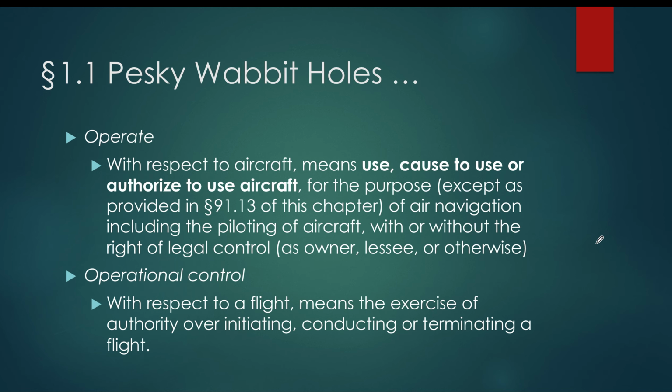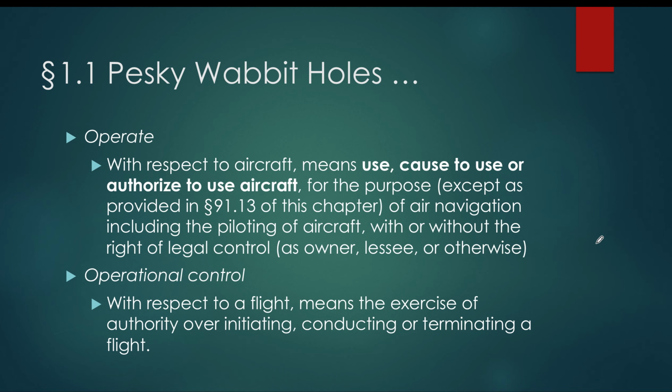All right, continuing on with our rabbit hole here and some definitions. To operate an aircraft. This is important because you as the pilot are operating it because you caused it to be used. But the person who told you to go fly is also operating the aircraft because they allowed it to be used. They said, here, take this aircraft and go do that. So when you're operating an aircraft, it has to do with the legal control of the aircraft.